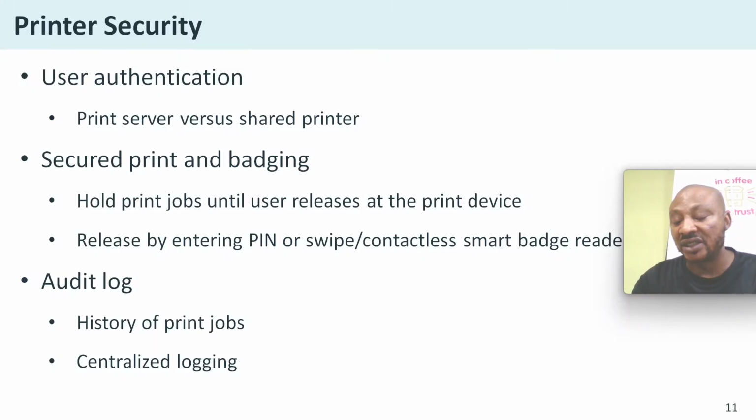You can check all those things through centralized logging, most especially on the print server. If the printer is attached to the server, go to that system, then to the system log, the audit log rather, and you can see all the print jobs, who has printed, and how many copies. Even when there's an issue with the printer, you can use the log to trace it.